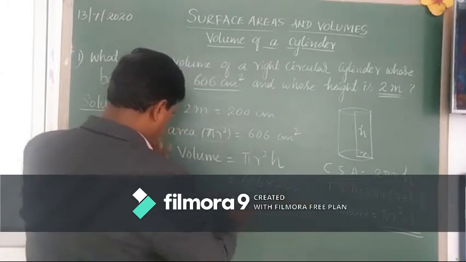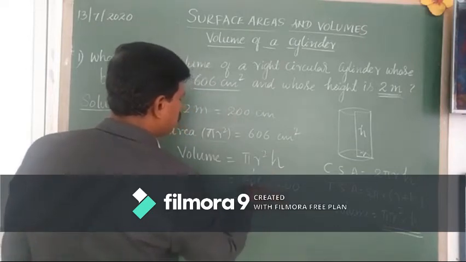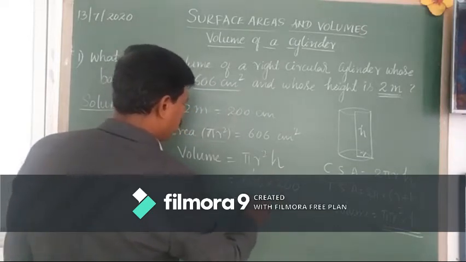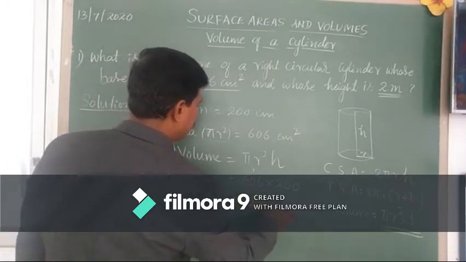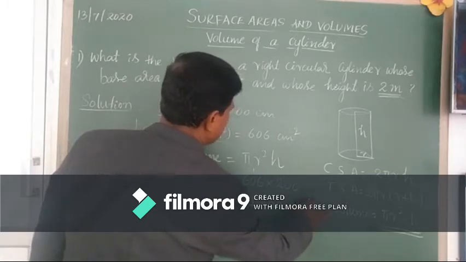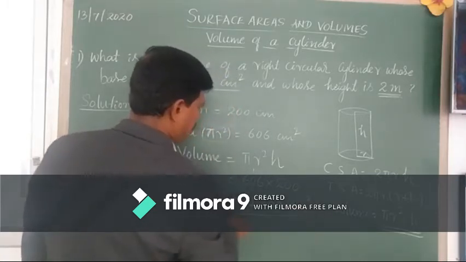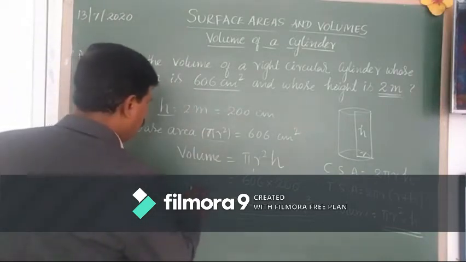Leave the 2 zeros. 2 6s are 12, so it is 12 and here are 2 zeros. You can write this as cubic centimeter. So this is the volume of the cylinder.